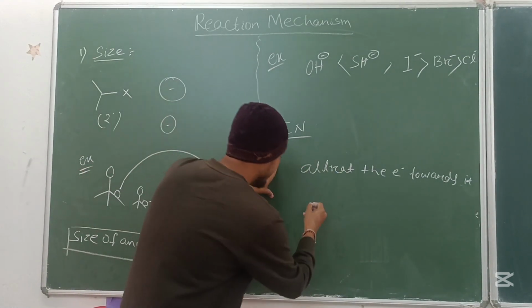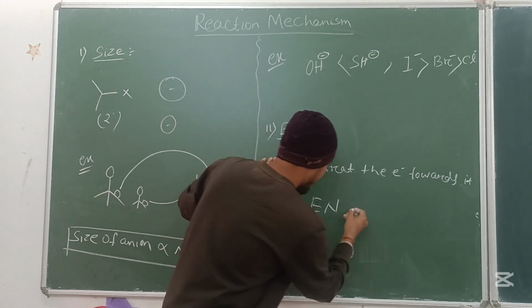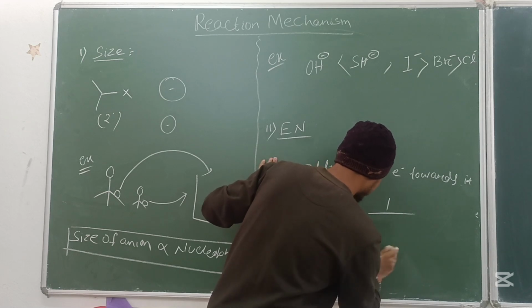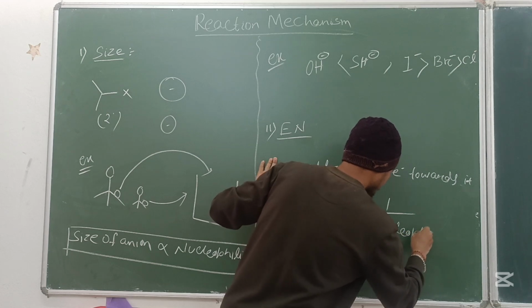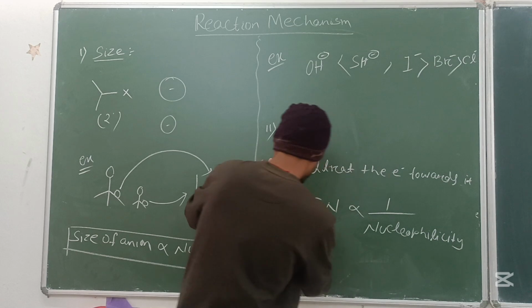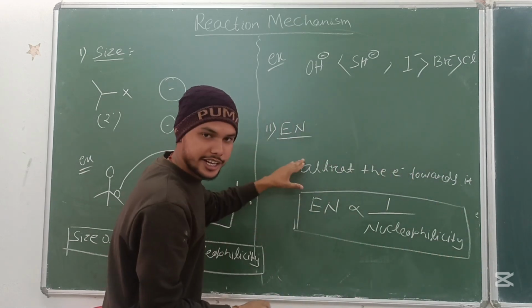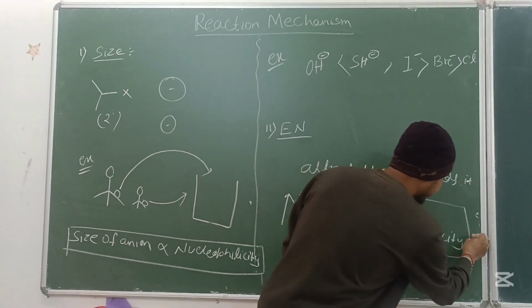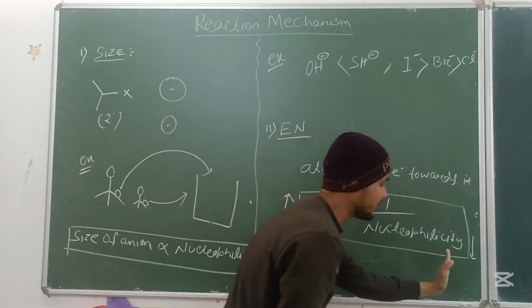So electronegativity is inversely proportional to nucleophilicity. That means if electronegativity increases, then nucleophilicity decreases. Similarly, if electronegativity decreases, nucleophilicity increases.